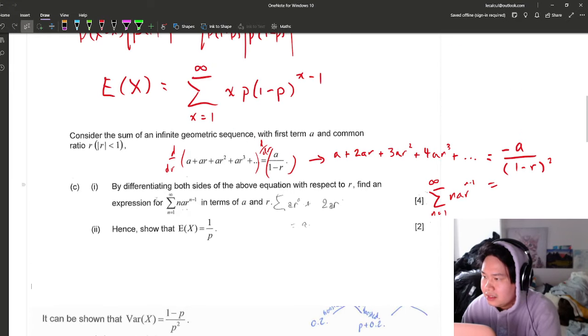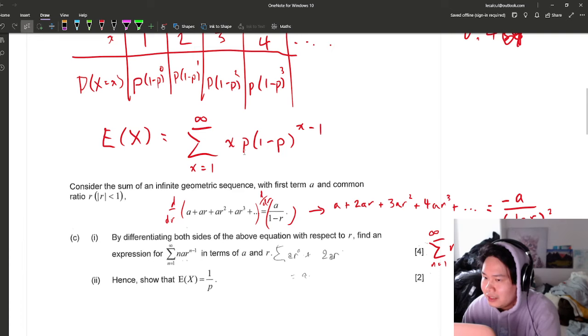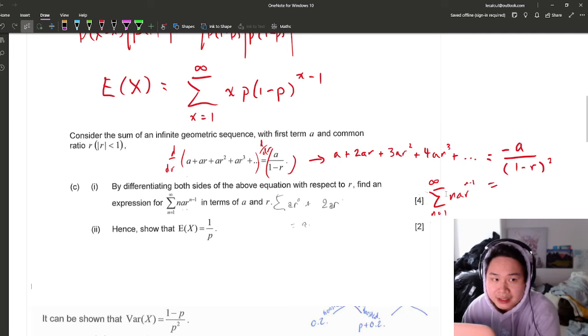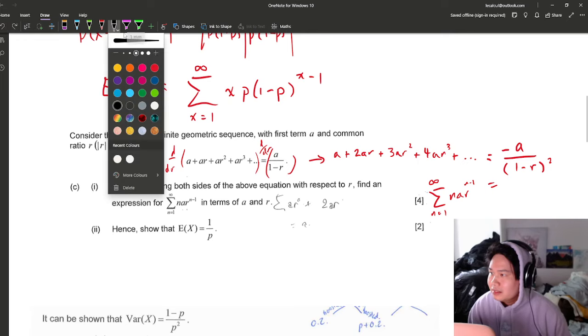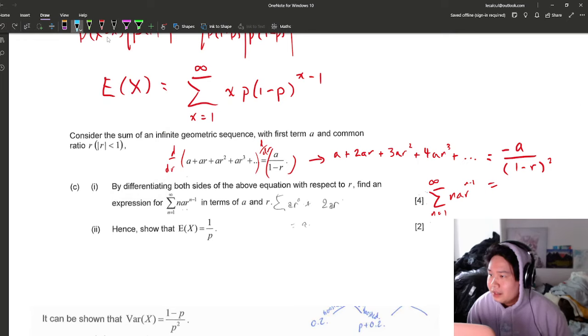Wait. So we're gonna use this, right? It says hence to show this expected value here. Oh yeah, okay, so if you notice this expression, this summation matches with this, where instead we have x is n, p is a, and then 1 minus p is r.